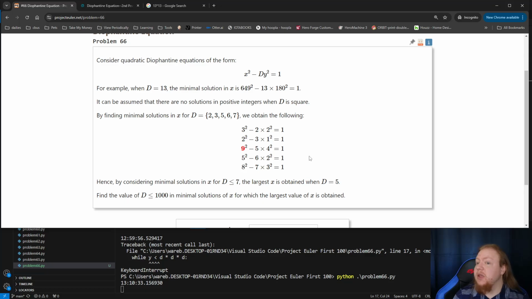Kind of significantly less, if you think about it. Although, obviously not for smaller numbers. X has to be somewhere.